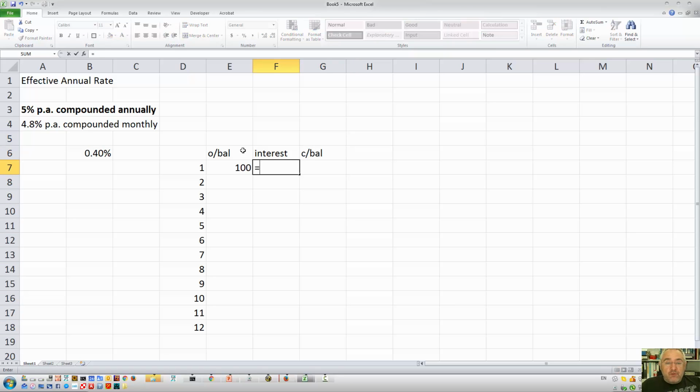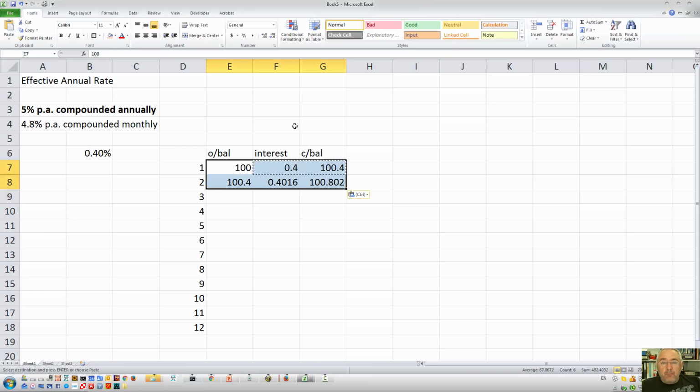Okay, so the interest is going to be 0.4% times the opening balance. That's 40 cents. Closing balance is the sum of these two, and the opening balance next period is the closing balance from the first period. Okay, let's just tidy this up and make it down to the closest cent. Actually, let's be a bit more precise.